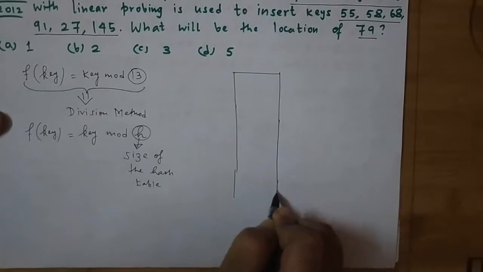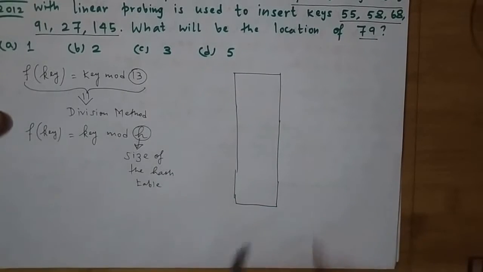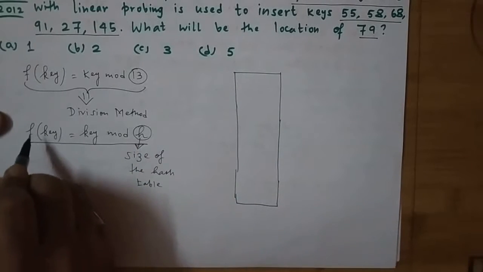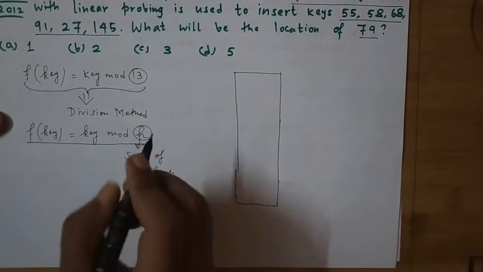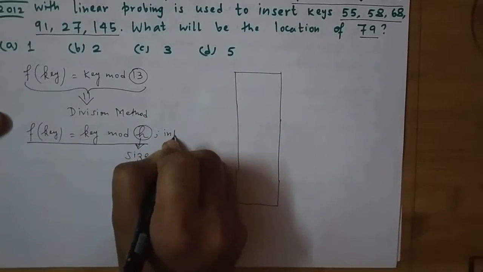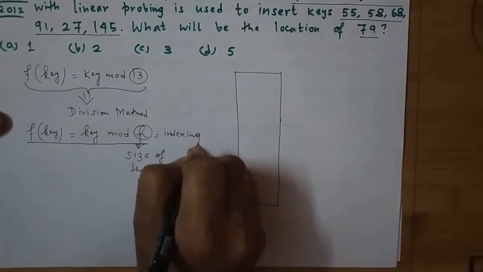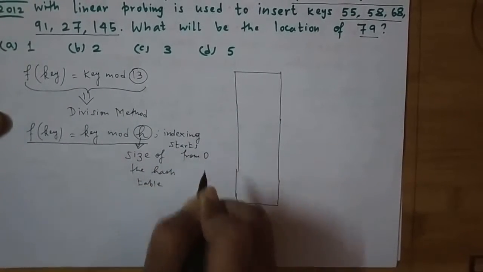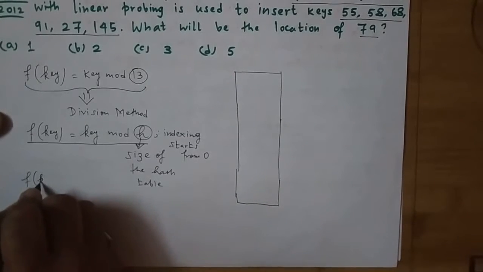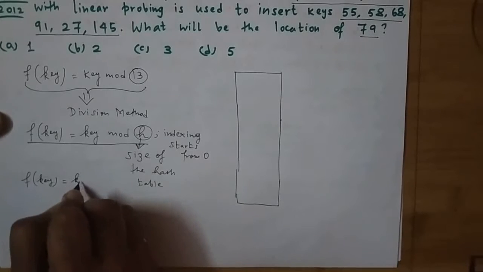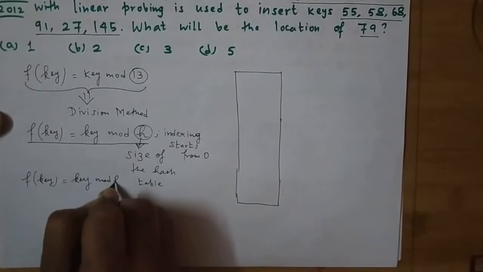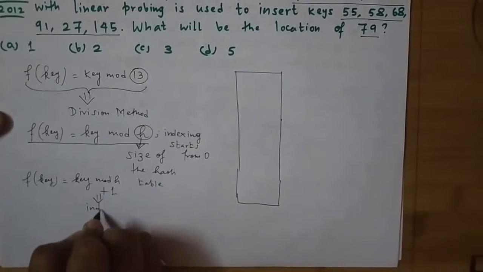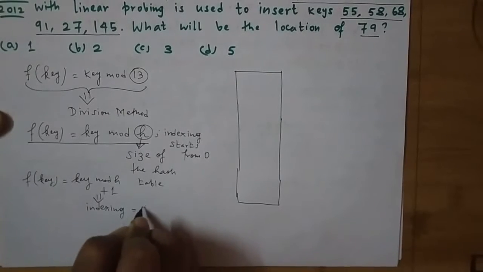One more thing that we know from the division method is that if the function is in the form f of key equal to key mod h, then indexing starts from 0. Had my hash function been f of key equal to key mod h plus 1, then indexing would start from 1.